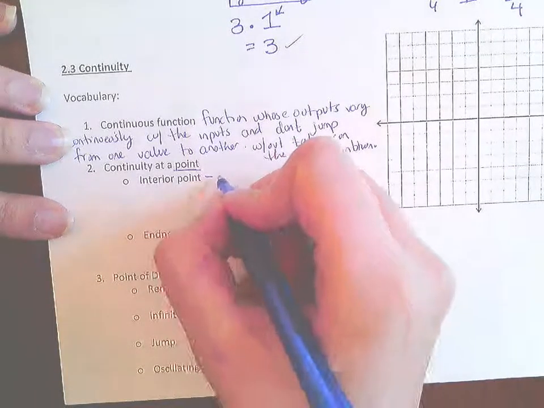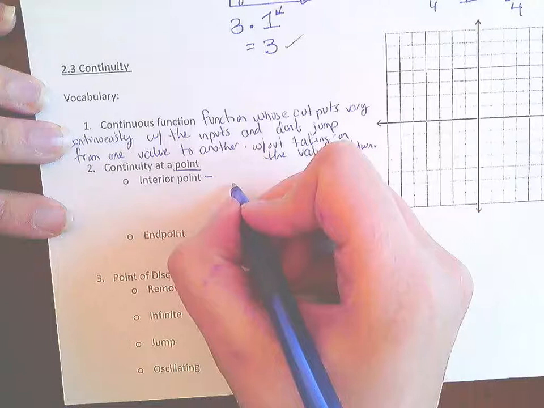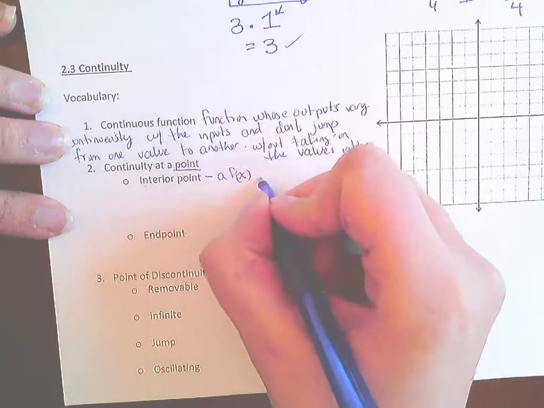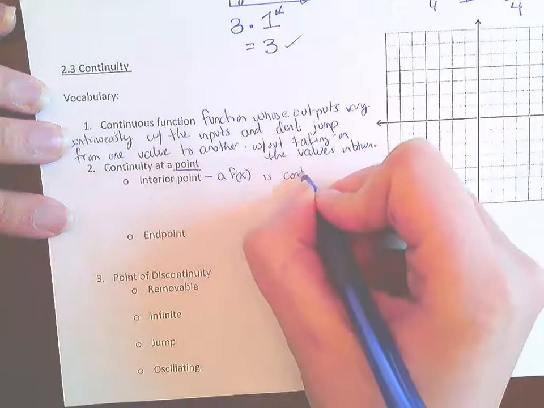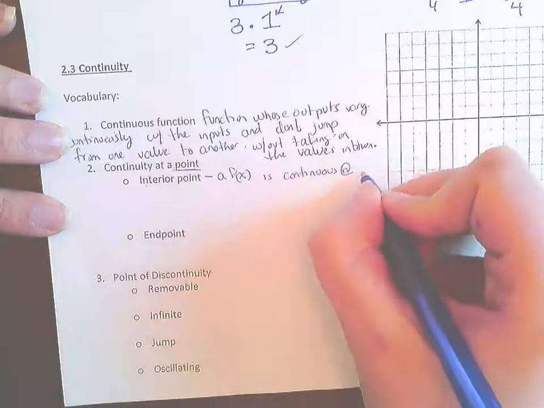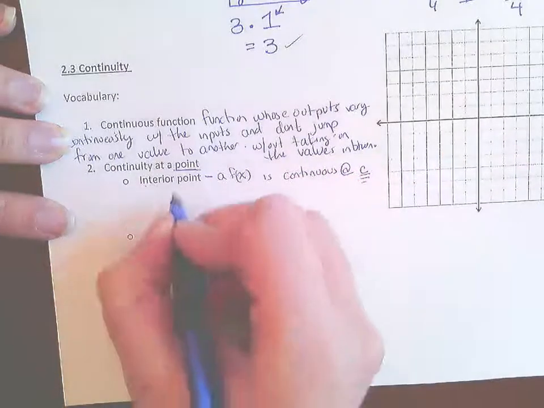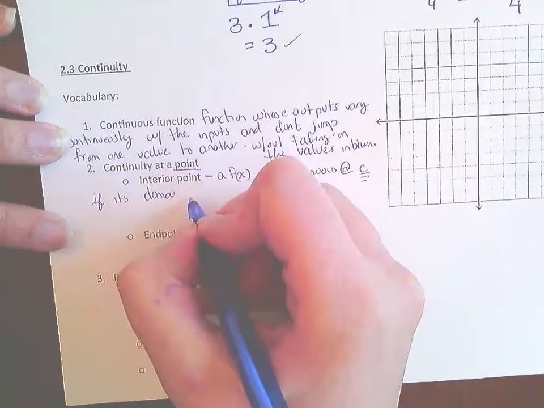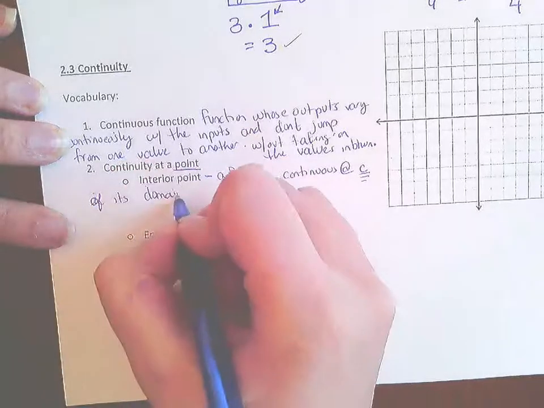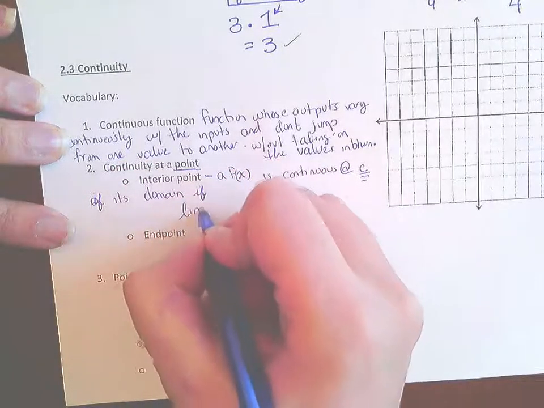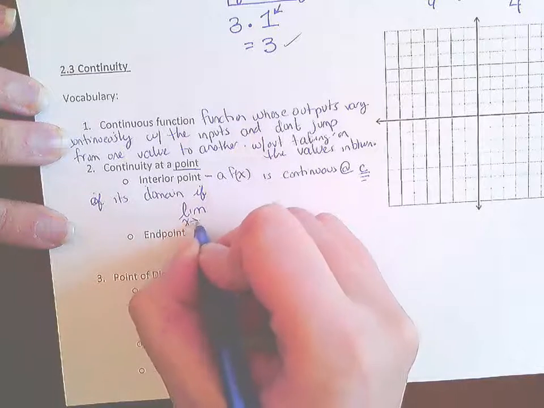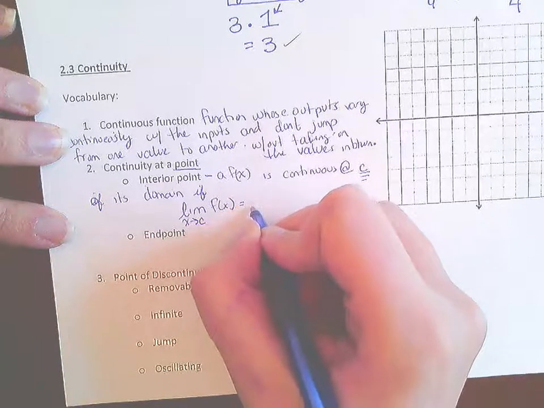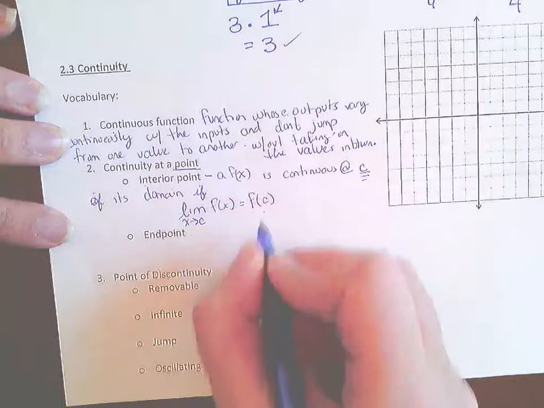So the definition for an interior point: a function f of x is continuous at c, we'll call that point c, if c is in its domain and the limit as x approaches that point c of f of x is equal to just substituting that c in.